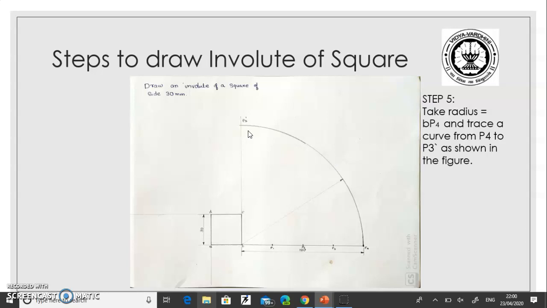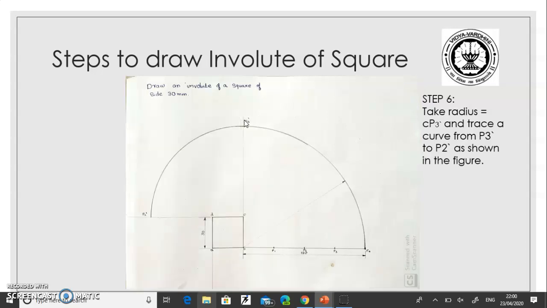Draw this arc by taking radius equal to B P4 and draw this arc until the tangent drawn from C, which will be named P3 dash. Next step will be to take radius equal to C P3 dash and then draw an arc up to P2 dash, which is the tangent drawn from this edge.